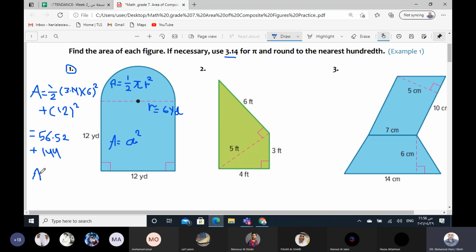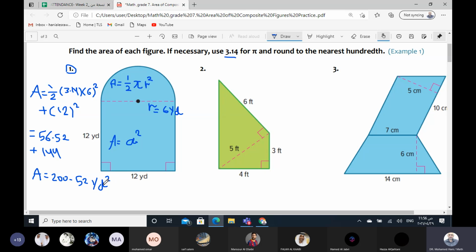So the area of the composite figure will be 56.52 plus 144. The answer will be 200.52 yard squared.